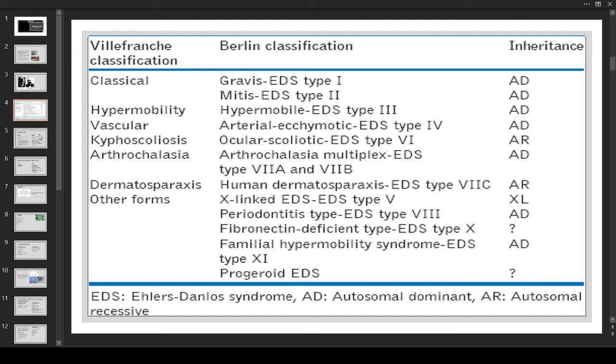And they all rely on collagen for their strength. The protein molecules in this case are going to be altered by the mutation, leading to their weakening.